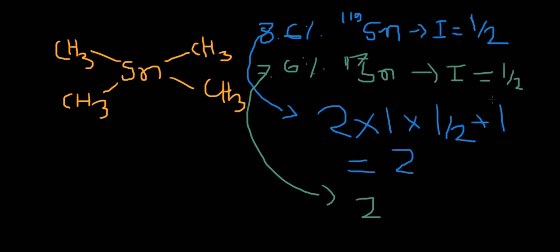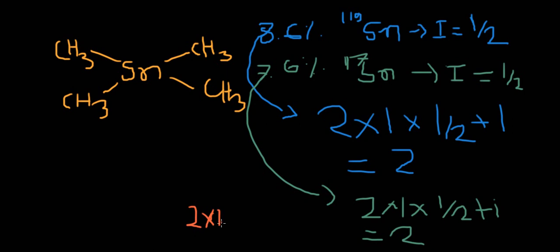And for the spin inactive nuclei, you get 1 peak. For spin inactive, 2 into 1 for the tin atom, I is 0 because spin inactive has I value 0, plus 1, and you get 1.